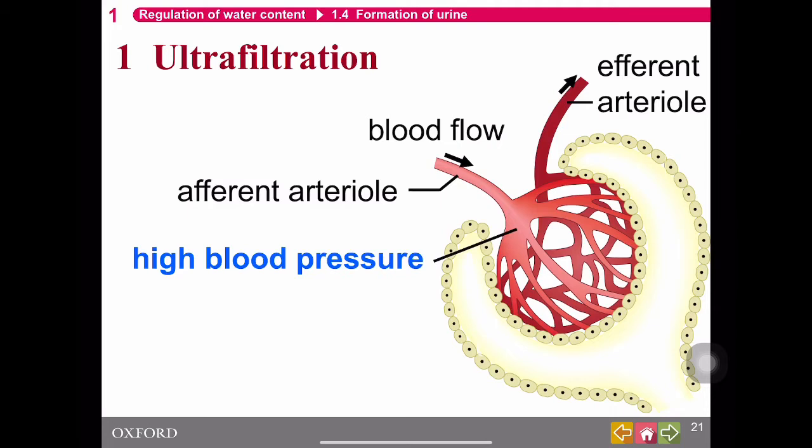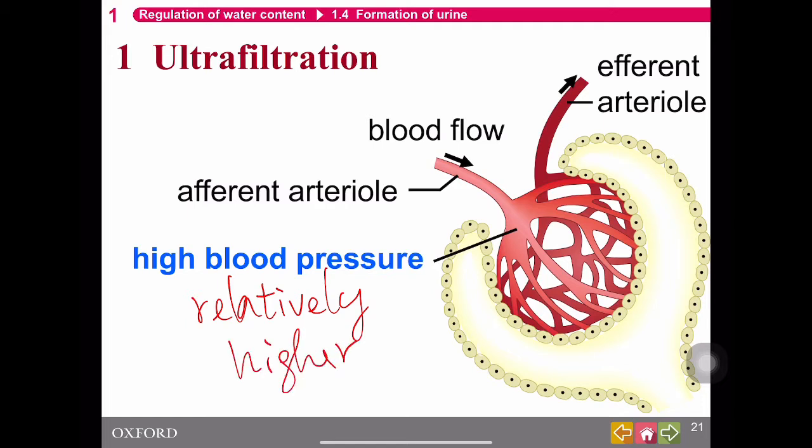Due to the pumping action of the heart, the blood pressure in the glomerulus is relatively high, higher than the hydrostatic pressure inside the Bowman's capsule. The liquid pressure here is lower and it is higher outside.